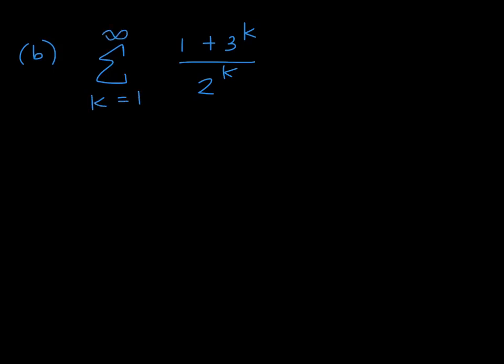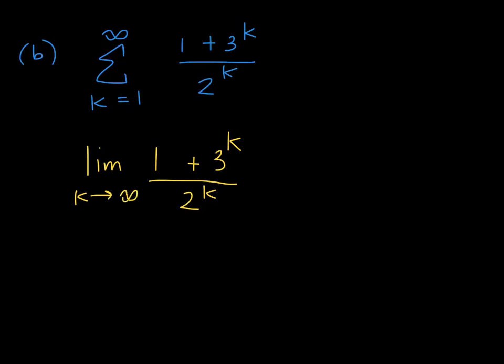Again, this is an infinite series, and you and I want to practice using the divergence test. So therefore, let's consider what is the limit of 1 plus 3 to the power of k over 2 to the power of k as k tends to infinity.